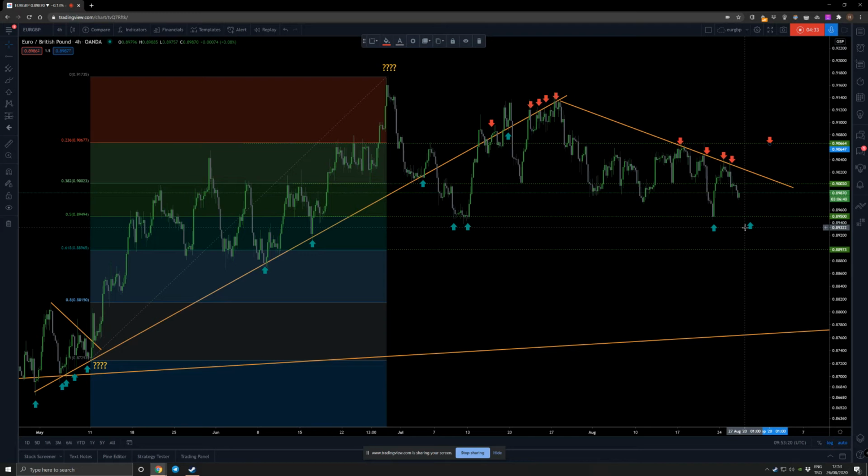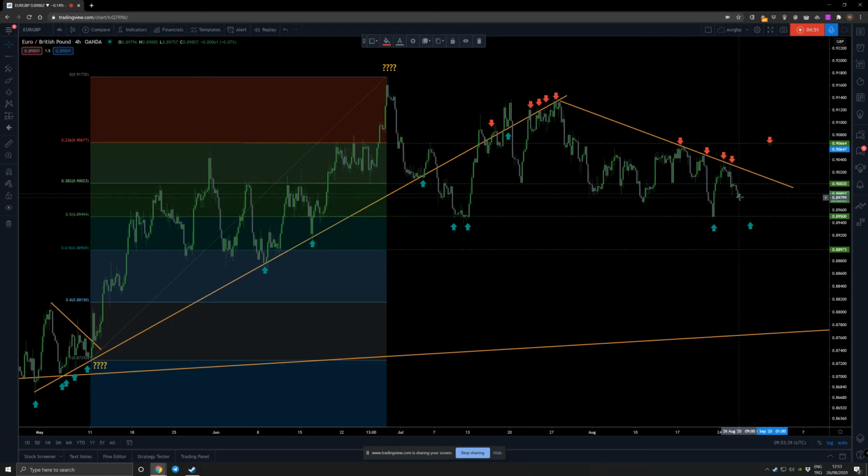Okay? Now, what you should do is wait for the market to come to you and then take action. I will never just take, for example, a short here thinking that if it is now 50% here, we should take a short. This is not how it works. You should wait for the market to come to you and then make the point.